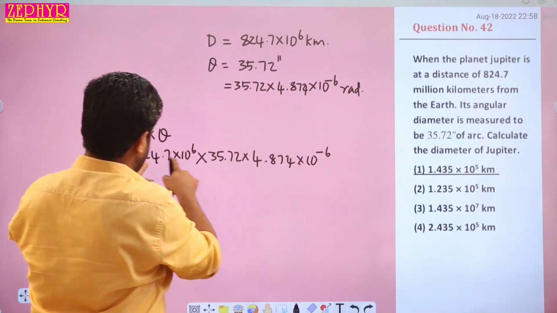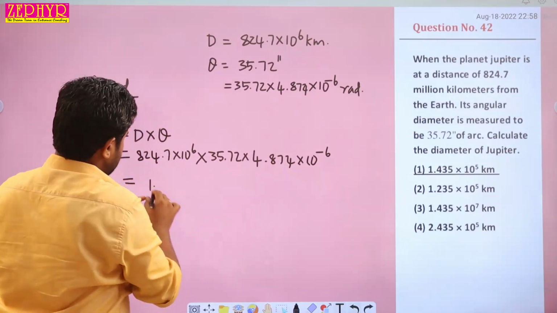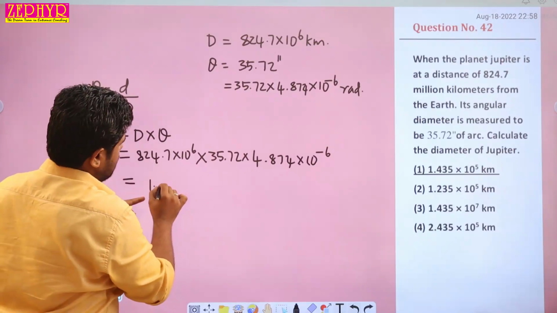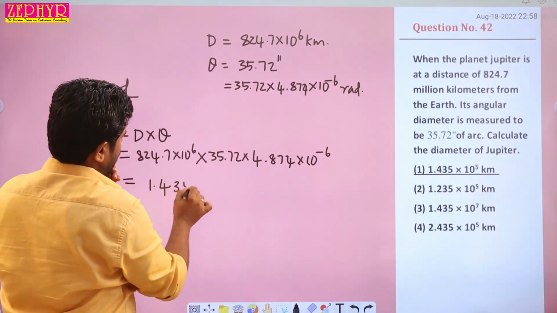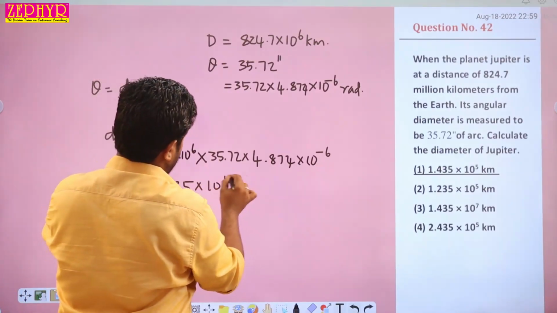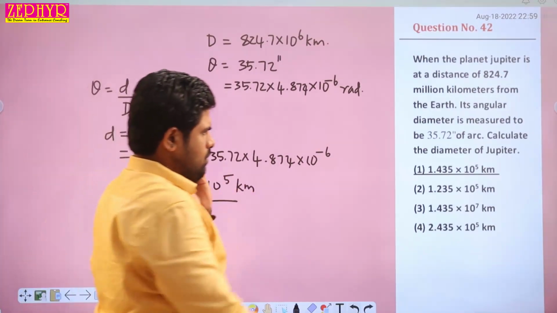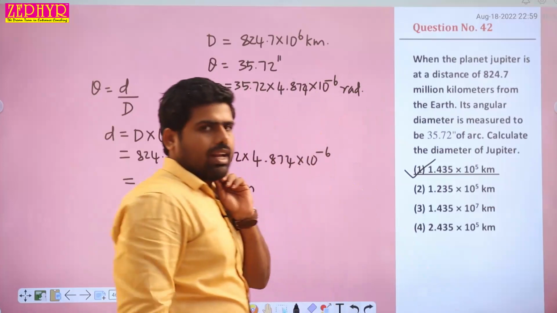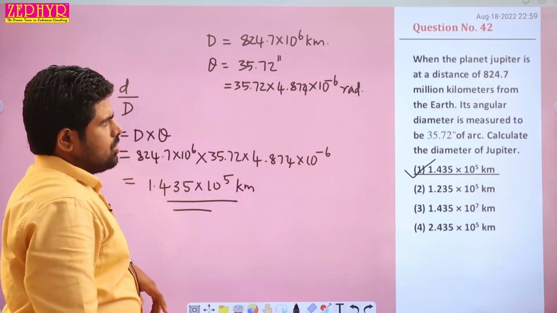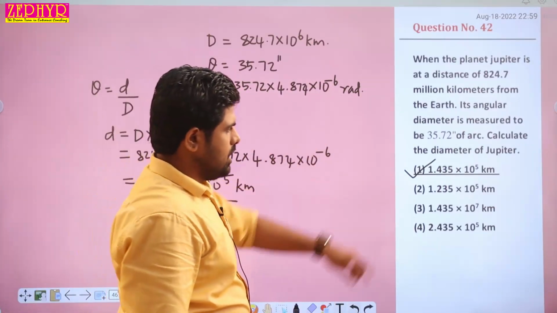To calculate all these values, the result is 1.435 into 10 raised to 5 kilometer. Okay, so the first one is the correct answer. So question number 42, option 1 is correct.